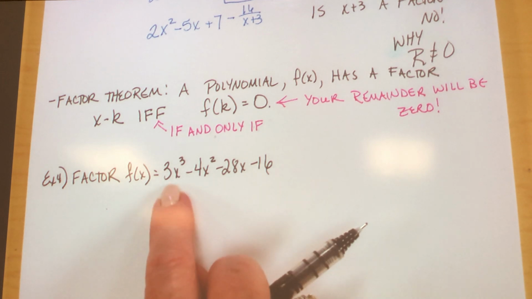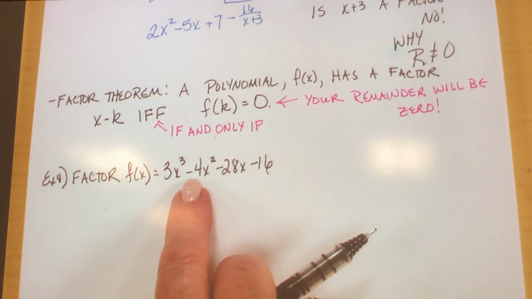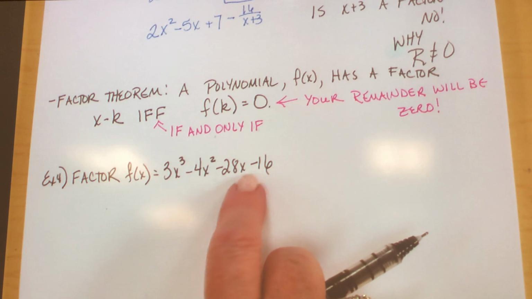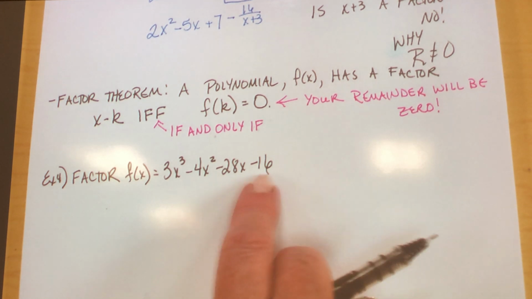So group these first 2, and what can you take out? An x squared. What are you left with? 3x minus 4? Can you take something out of this to be left with 3x minus 4? What do you multiply by 3 to get 28? Nothing. You can't get a 3x minus 4.